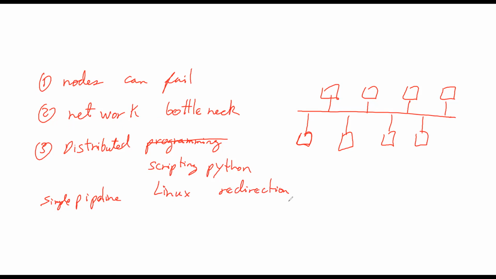We learned redirection, if you remember that. We're going to learn about standard in and standard out. So for instance, if you remember this idea, this is the Linux terminal, and you have some data. So you're going to cat your data, something like that, and you pipe it.